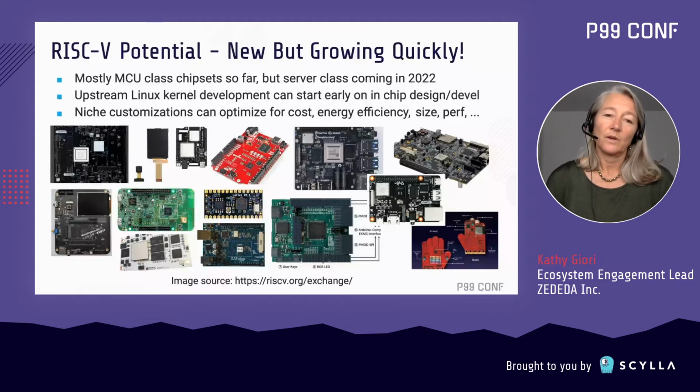What excites me a lot about RISC-V is the upstream Linux kernel capability. So if you have a chip design that's already known, then in parallel, you can be upstreaming and getting your changes to the kernel even before the chip's taped out. In contrast, I spent half a dozen years at Qualcomm Atheros. I was part of Atheros when we got acquired by Qualcomm.